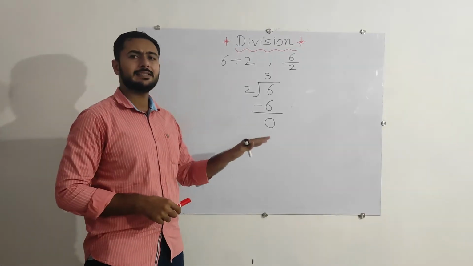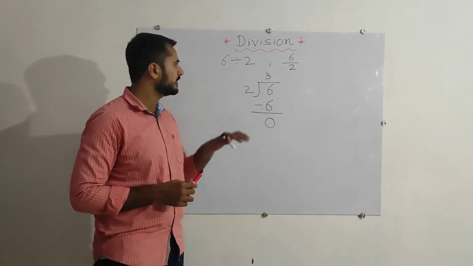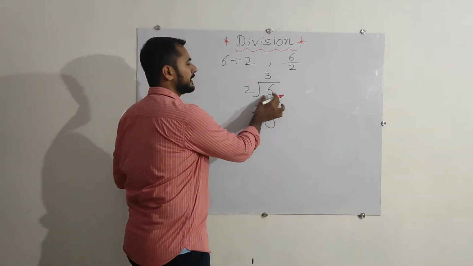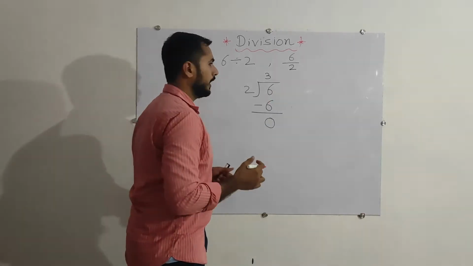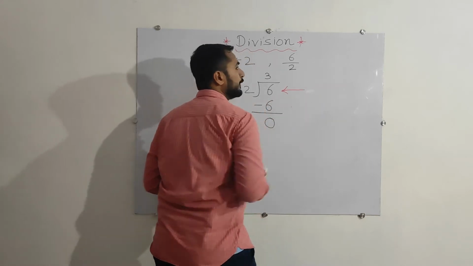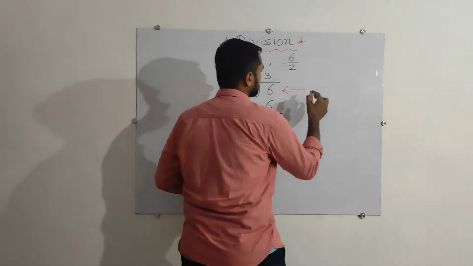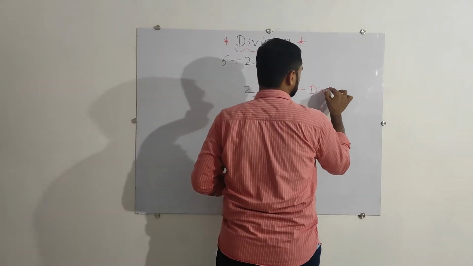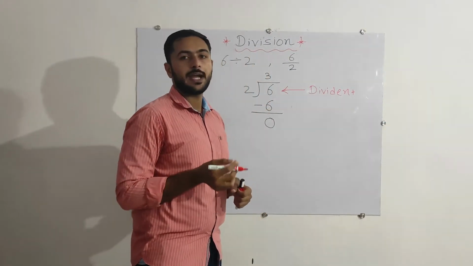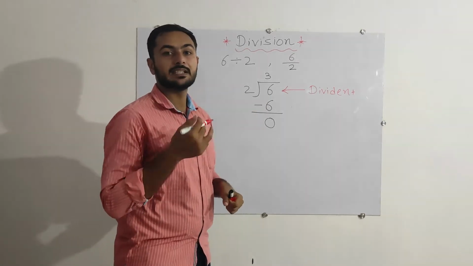Now in division, there are particular notations for the different numbers. Whatever the number which is inside that box, to whom we divide, that is known as the dividend. The number by which we are dividing this number is known as divisor.